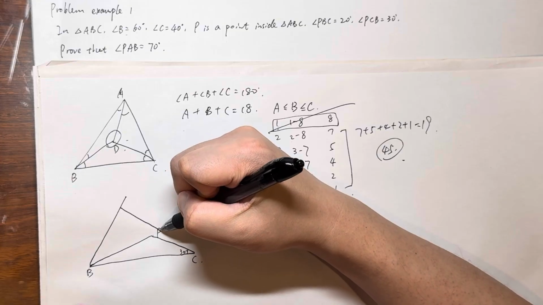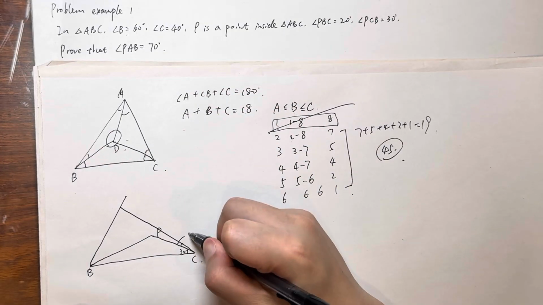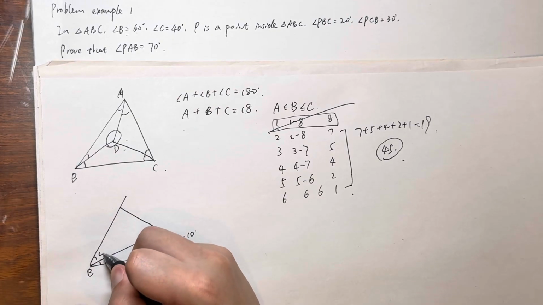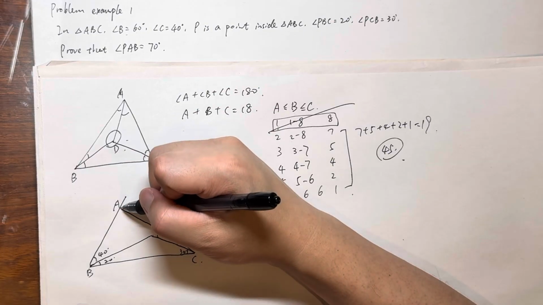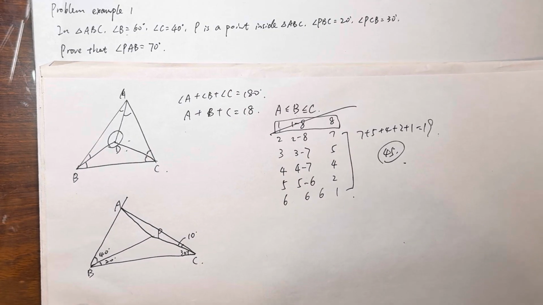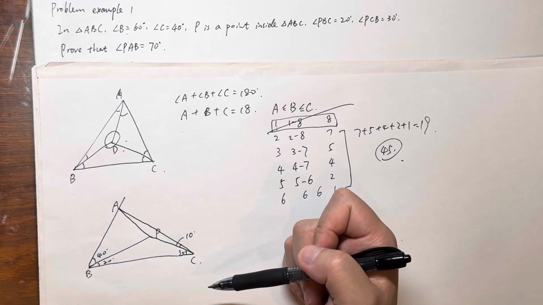So we can draw it like this. This is 10 degrees, and here is 20. This one is 40. This is A, and we connect AP. Right, that's the problem. And we want to prove angle PAB equals 70 degrees.